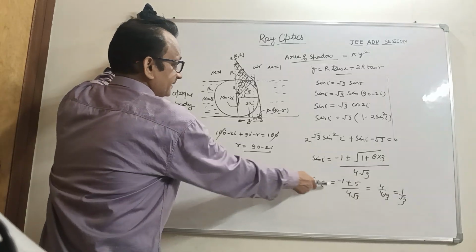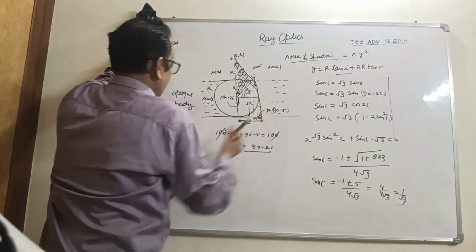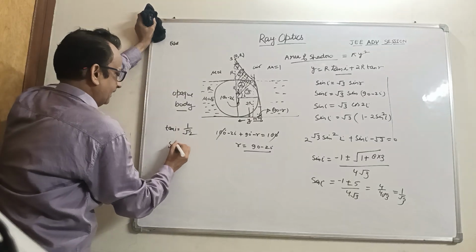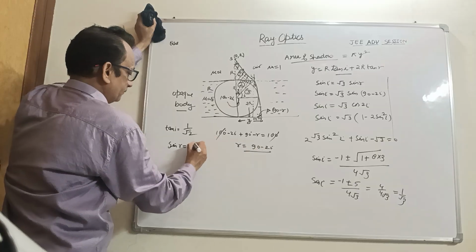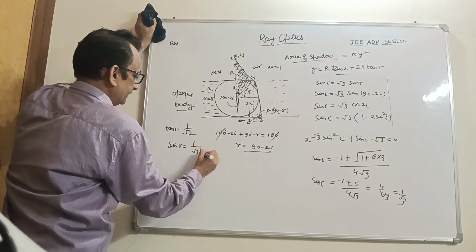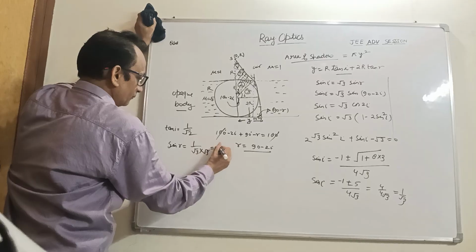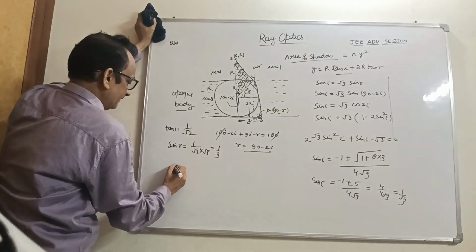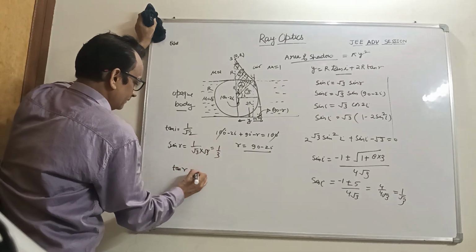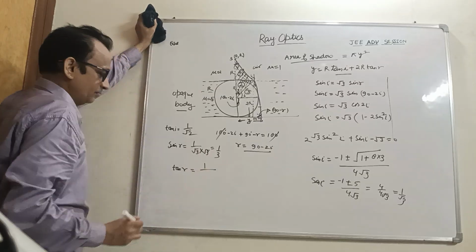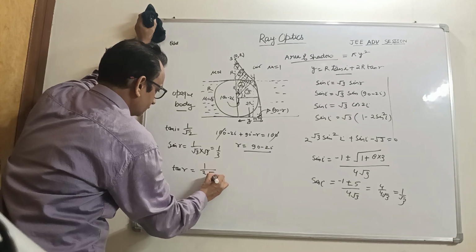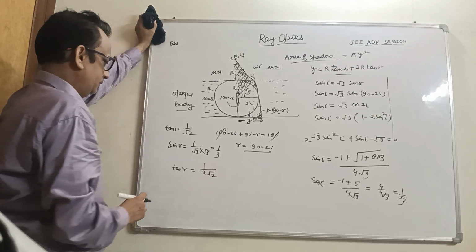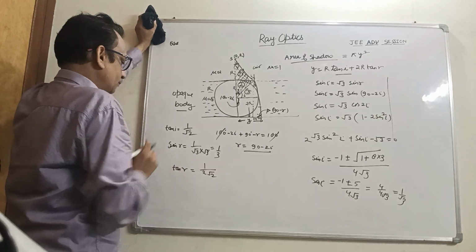So sin i is this, then sin r would be sin i upon root 3, so 1 by 3. So with hypotenuse 3, 3 square is 9, and the base becomes 2 root 2.